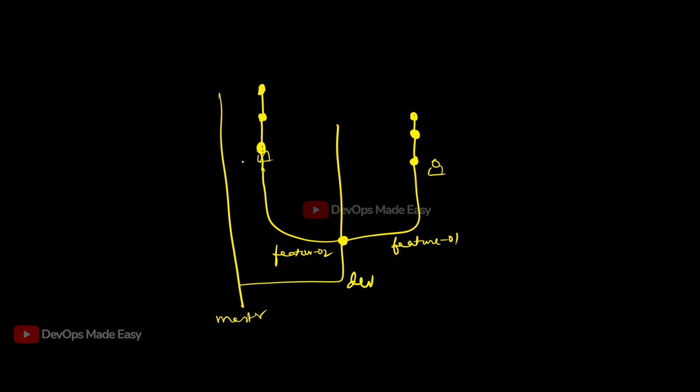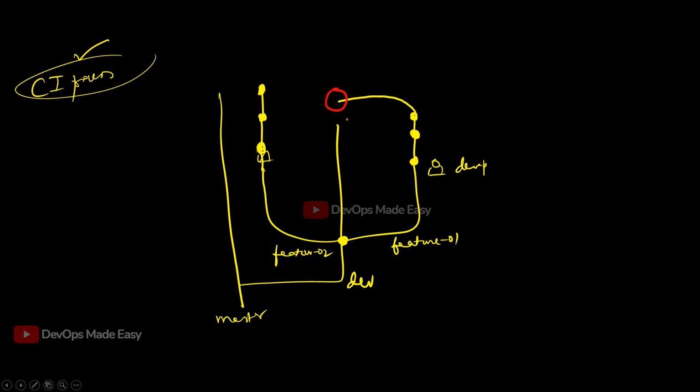Now when should the CI process trigger, and from where? Let's say this feature is properly tested by this developer on his local machine. Now he creates a pull request to the development branch because he wants to merge the changes back into the development line. Once this pull request is raised, we can run the CI pipeline.